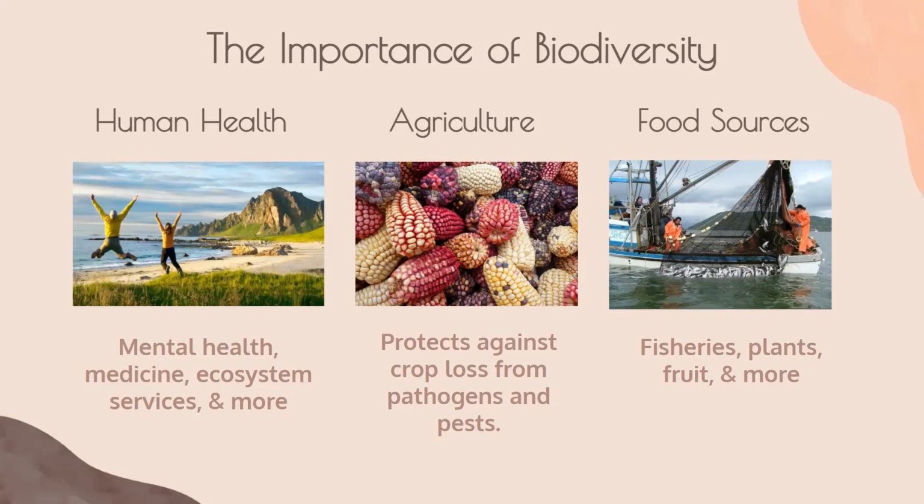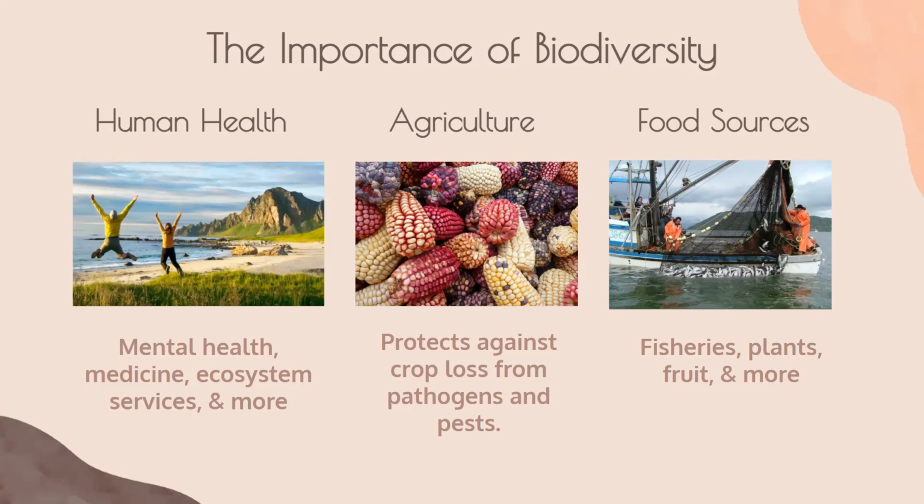Approximately 30% of your diet depends on pollination. So pollinators, bees primarily, take pollen from one plant and put it on another of the same species. That creates fruit, which disperses seeds. So we depend on pollination for 30% of our food.